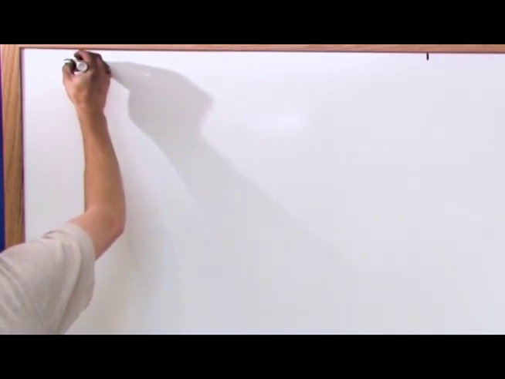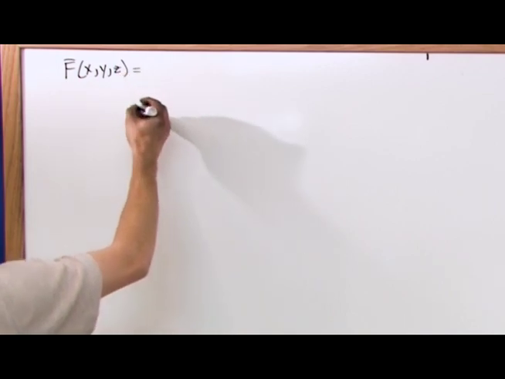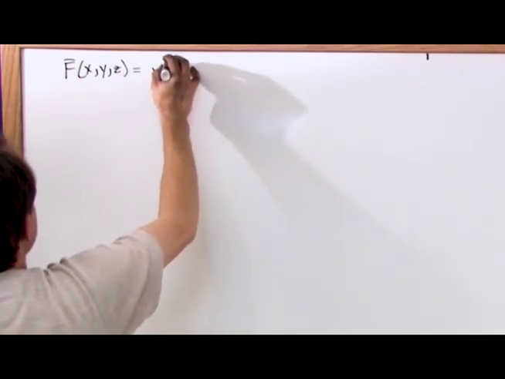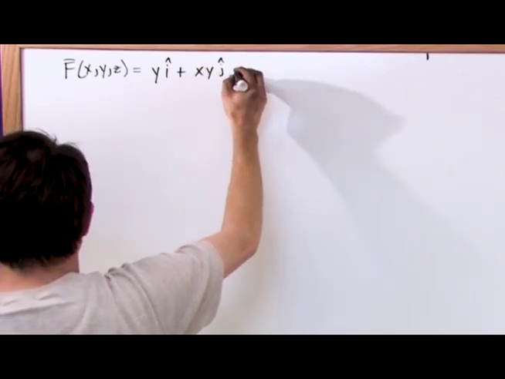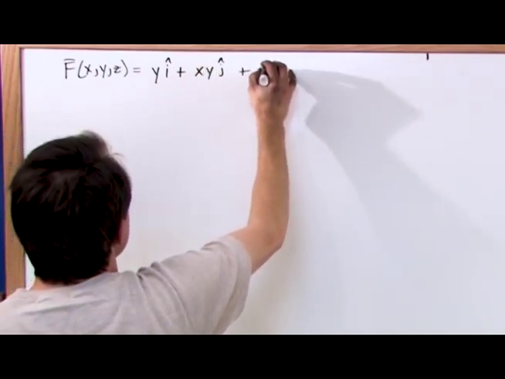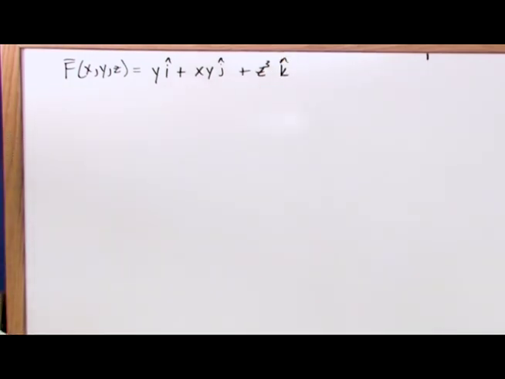Okay, the next problem is going to have a vector field F(x, y, z) that looks like y in the i direction plus xy in the j direction plus z cubed in the k direction. Okay, that's the vector field.